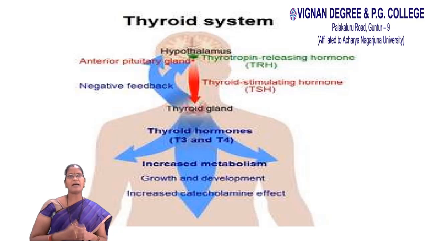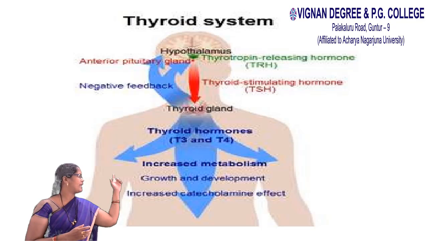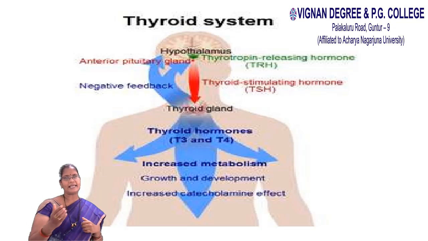Coming to the thyroid system, how it works: when a stimulus comes, the hypothalamus will secrete thyroid releasing hormone, which is TRH. This TRH will act on the anterior pituitary gland, and it secretes thyroid stimulating hormone, TSH.